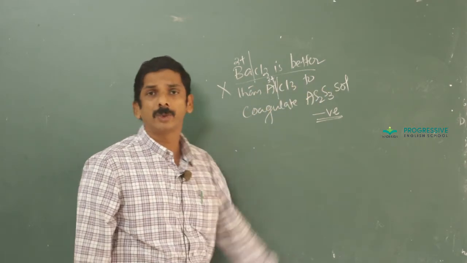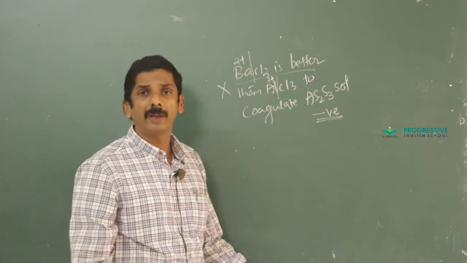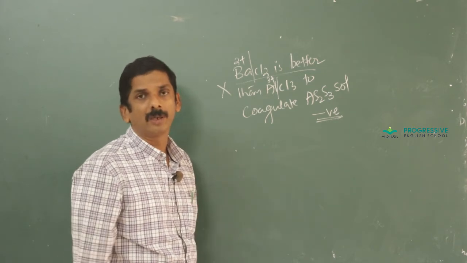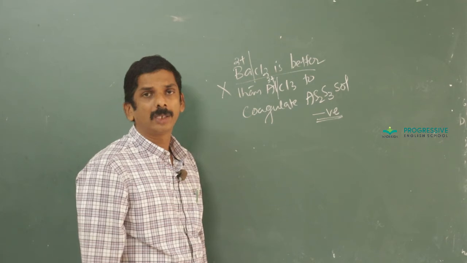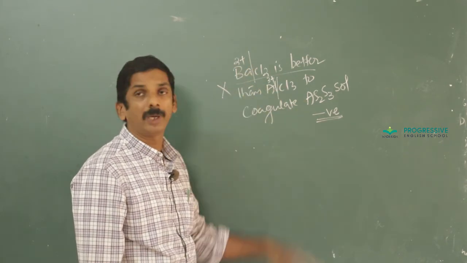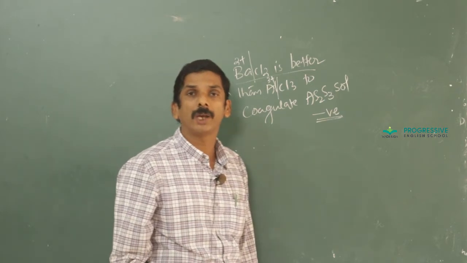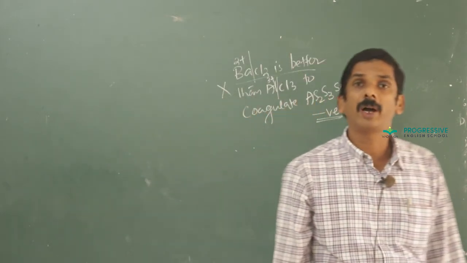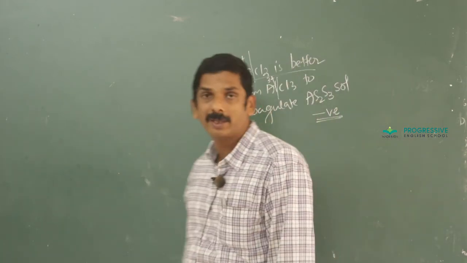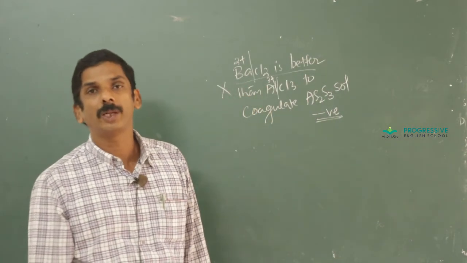Do you agree with that statement or give justification? We oppose that statement because BaCl2 provides Ba2+ ions, AlCl3 provides Al3+ ions. According to the Hardy-Schulz rule, greater the valency, greater is its coagulating power.